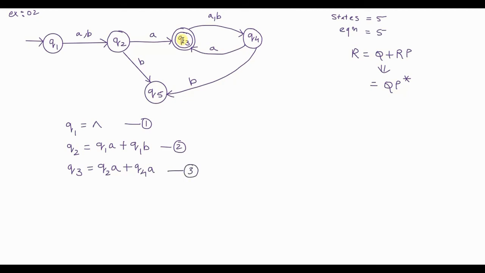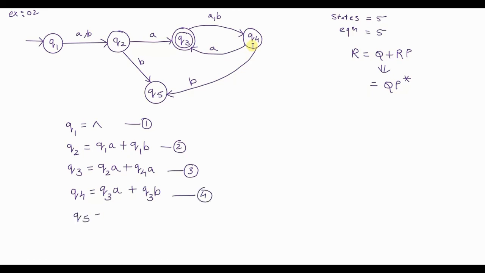Next, for Q4. Again for Q4 there are 2 inlinks. One, from Q3 on reading A you go to Q4, and from Q3 on reading B also you go to Q4. Apart from these 2 there are no more inlinks. So Q4 can be written as Q3A or Q3B, and this will be equation 4.